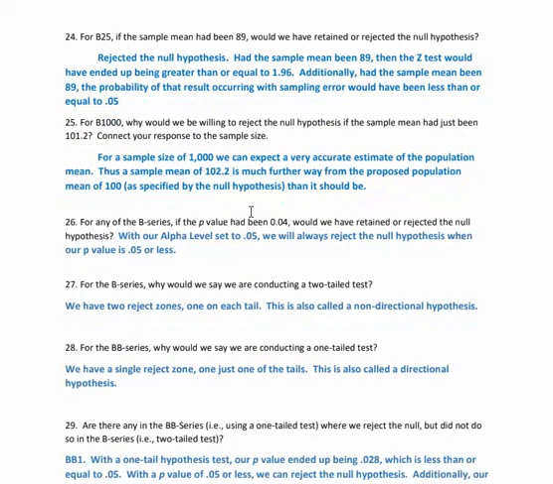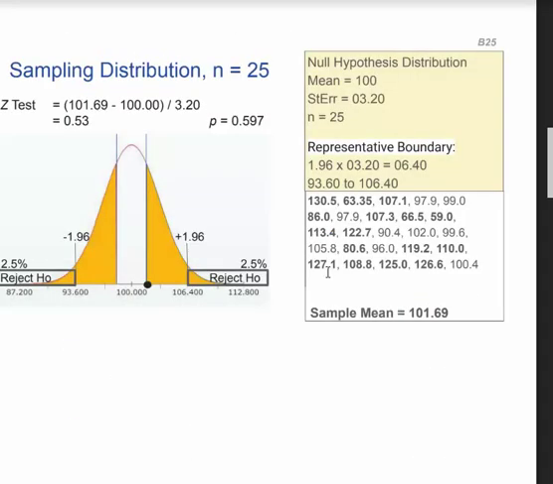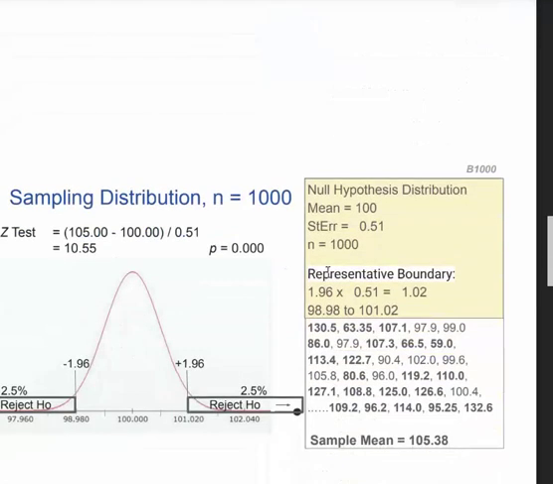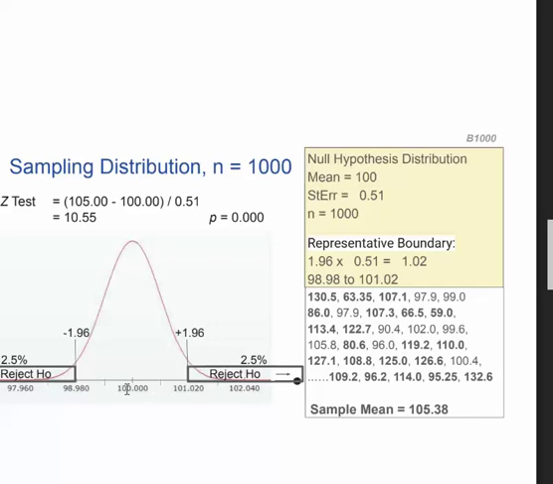For B1000, this is number 25, why would we be willing to reject the null hypothesis if the sample mean had just been 101.2? Connect your response to a sample size. So basically, with the larger sample size, we have greater accuracy, and because we have greater accuracy, we would expect the sample mean to be closer to where the null hypothesis says it should be.